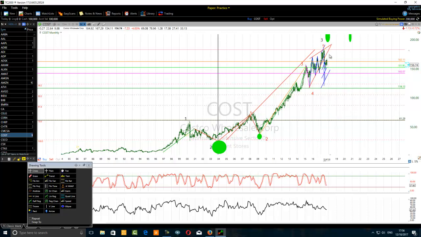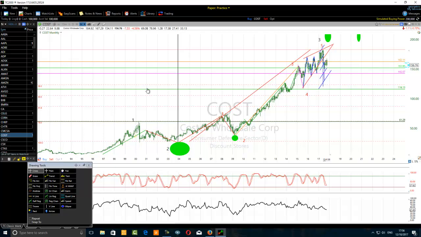Theoretically speaking, we are now in the fourth wave of a higher degree. The third wave of a higher degree has been extended. There's a high chance that the fourth wave of a higher degree will not be as deep as we would expect after we have seen an ending diagonal in the fifth wave. Also, that fifth wave is just the fifth minor wave of the real third wave.